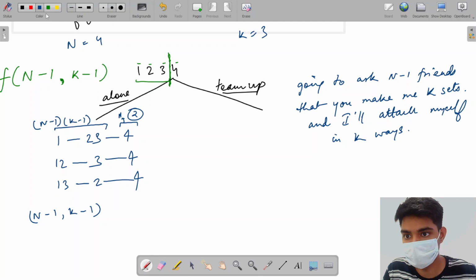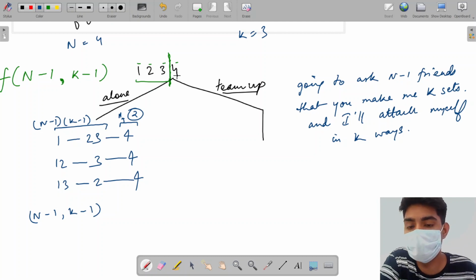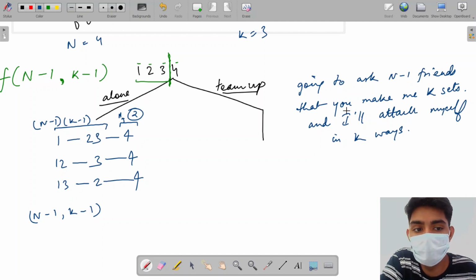Okay, let's see. Let's say I have 4, and I'm saying that 4 will team up with someone, and I have 1, 2, and 3. I'm going to ask 1, 2, and 3 to make me k sets. K is equal to 3.